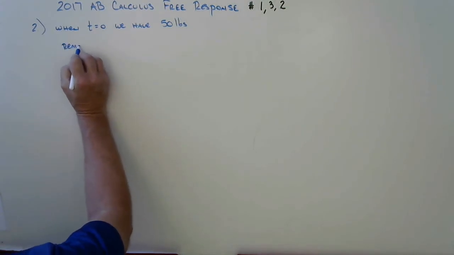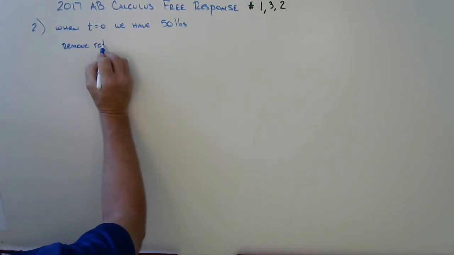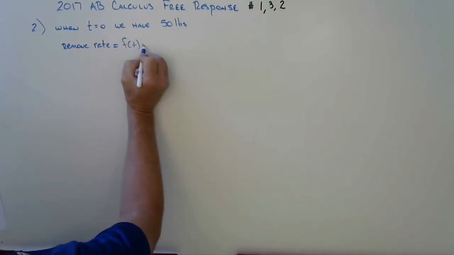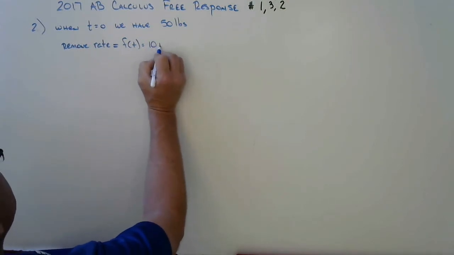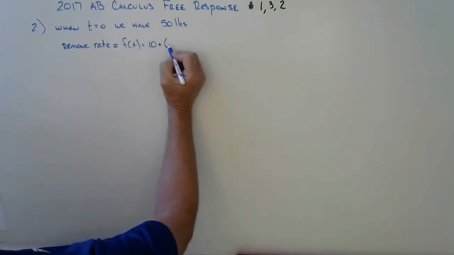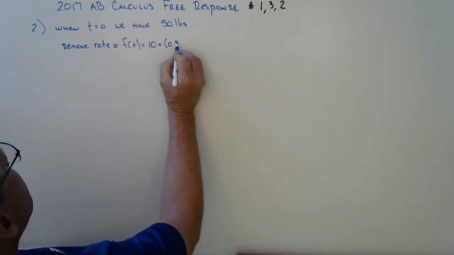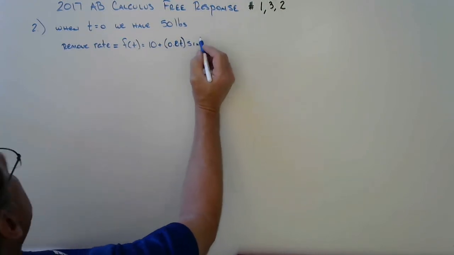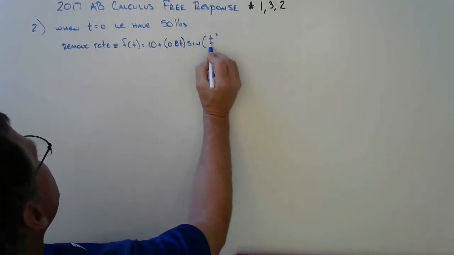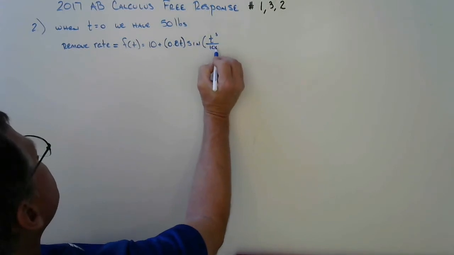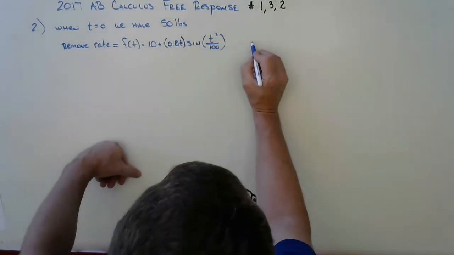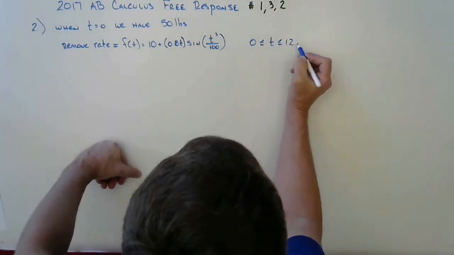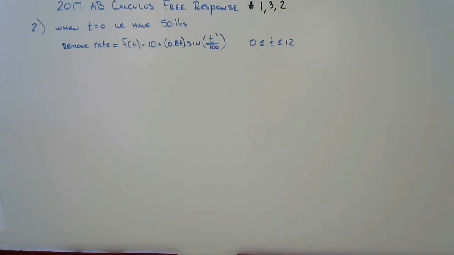So this is our remove rate, and that's f of t equals 10 plus 0.8t sine of t cubed over 100. And this is valid between when the store opens, time 0, to 12 hours later when the store closes. Okay?